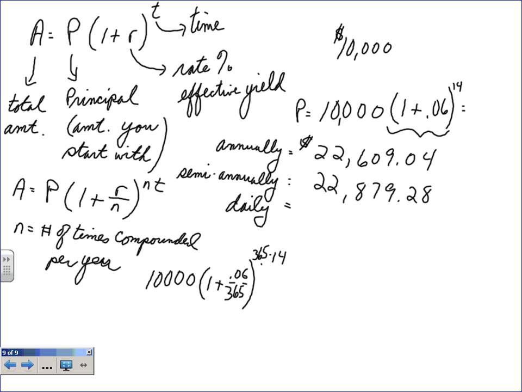So we're going to take our $10,000 times 1 plus 0.06 divided by 365 raised to the, now you gotta use parentheses, 365 times 14. Again, it's more money, but maybe not as much more as you think.